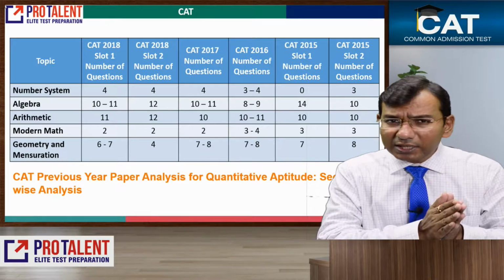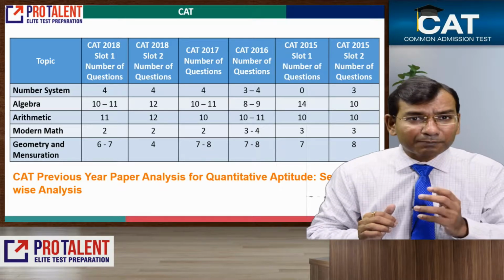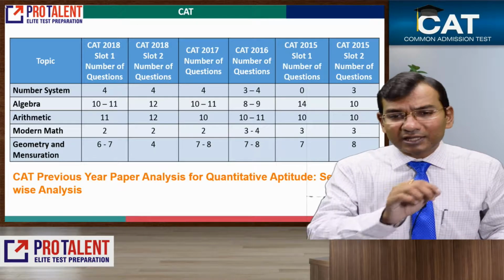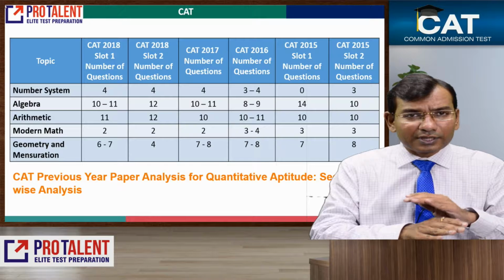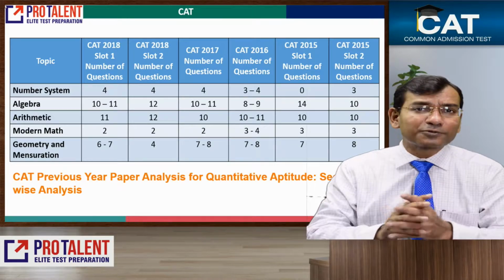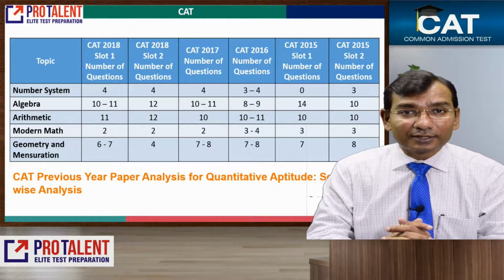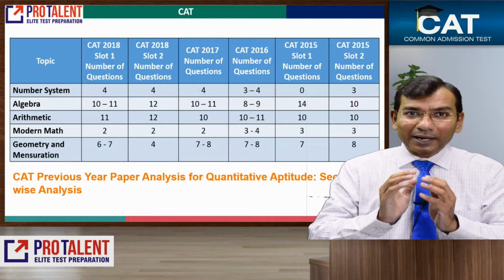If someone is interested in getting around 80 percentile, for that person two areas are more than sufficient, which are arithmetic and algebra. For students who are seeking 99 percentile, they cannot keep anything as optional. They will have to work hard and ensure that they cover all the important areas. I hope you are understanding my point of view.